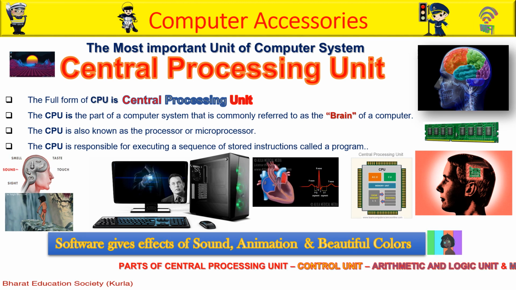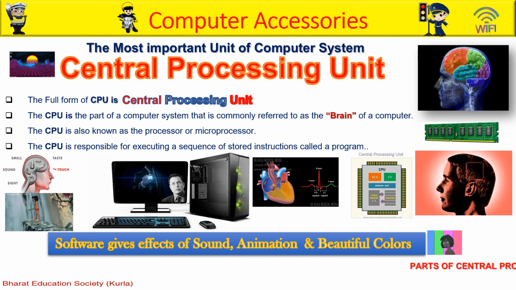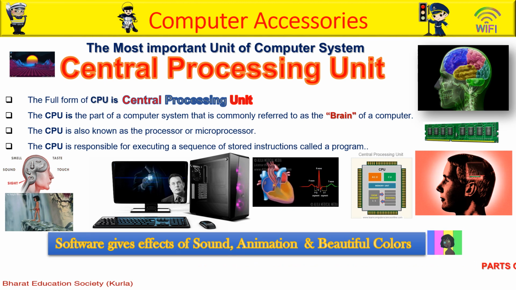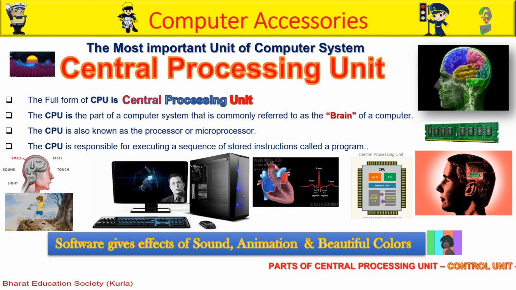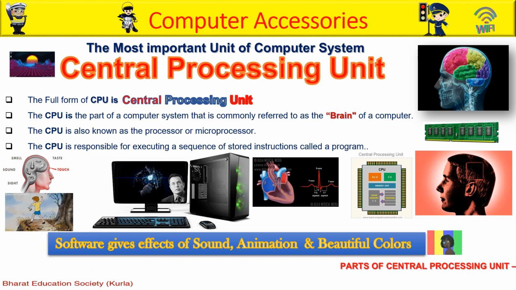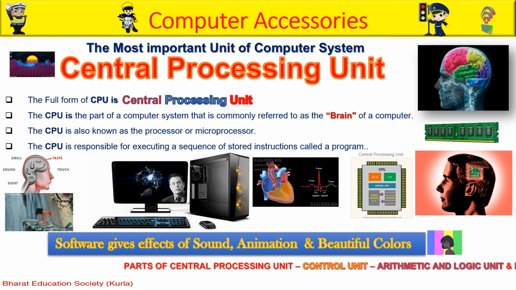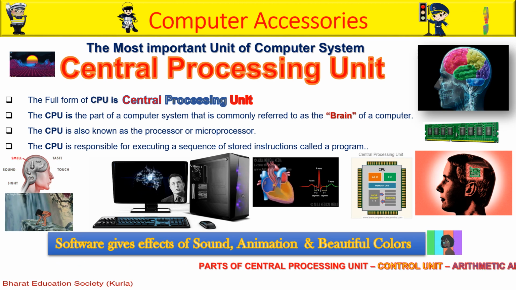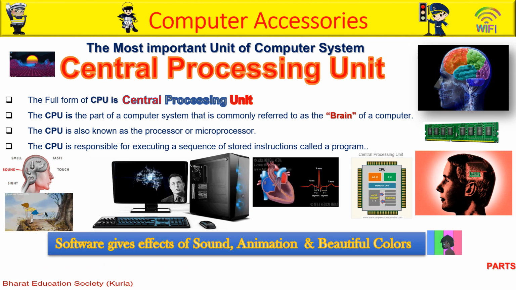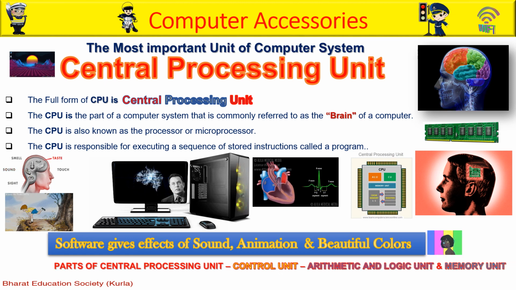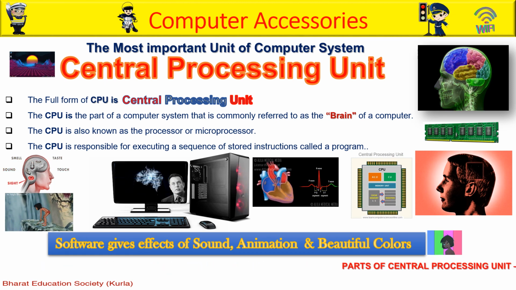A list of instructions that the CPU can run is a computer program, that is software. It acts as a powerful and responsible device because it does all the work of controlling peripherals attached to it, for example keyboard, mouse, monitor, printer, scanner, digital camera, etc. It does the decision making and processing data work.